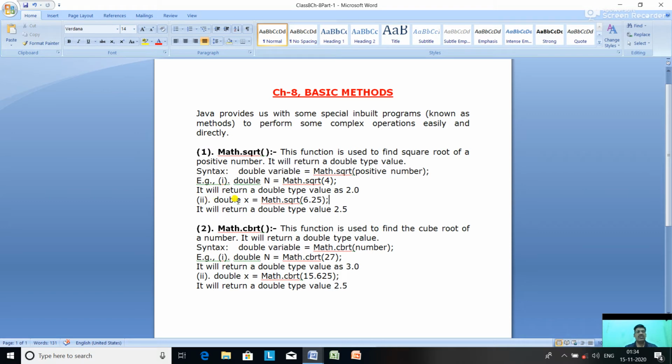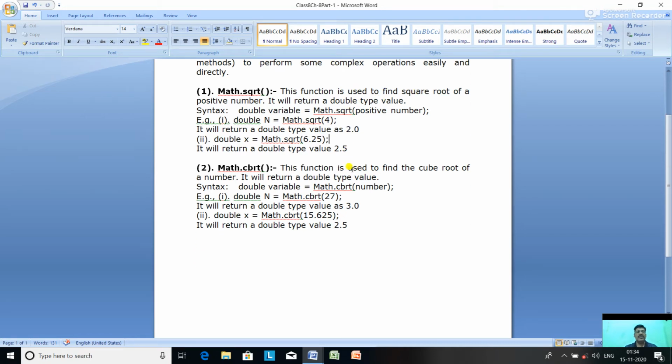Double x equal to Math.sqrt(6.25). So what is the square root of 6.25? The square root of 6.25 will be 2.5. 2.5 into 2.5, 6.25. So what is the Math.sqrt function? It is used to find the square root of a positive number.